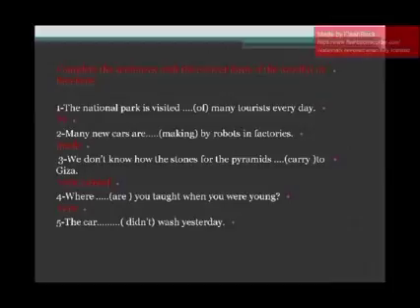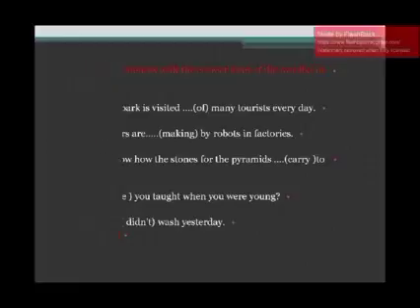Here the car can't wash itself, so it is in the passive. So again, the sentence is in the negative form. So the correct answer should include was in the negative form, which is wasn't, followed by the past participle of the verb, which is washed.